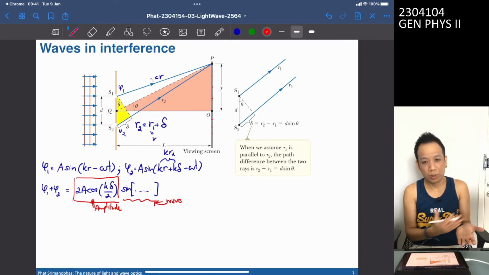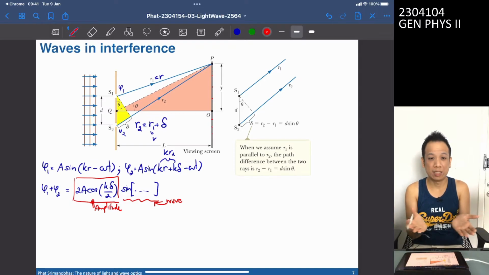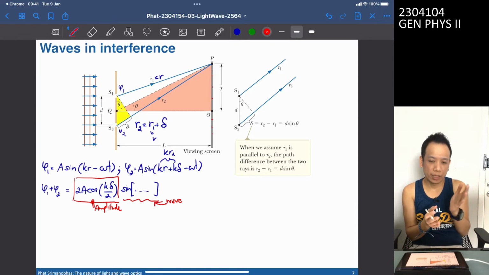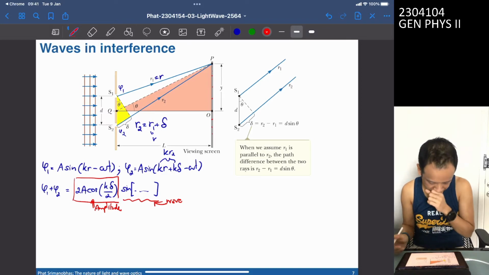If 2a is 0, it's 0 everywhere, because if a is 0, you have no wave in this problem. So 2a can be any arbitrary number, but what controls whether the light on the screen is bright or dark is cosine of k delta over 2.